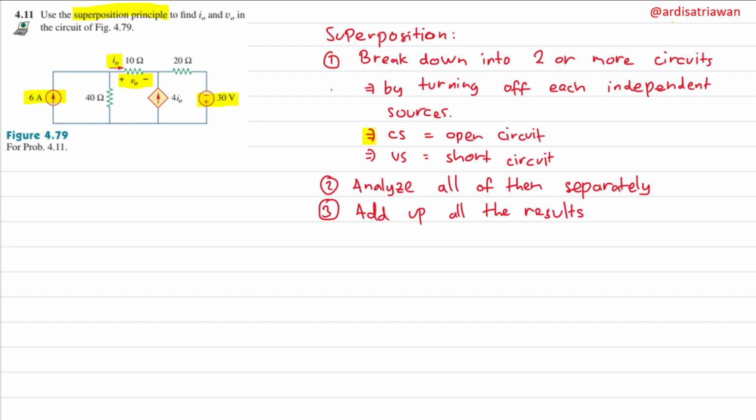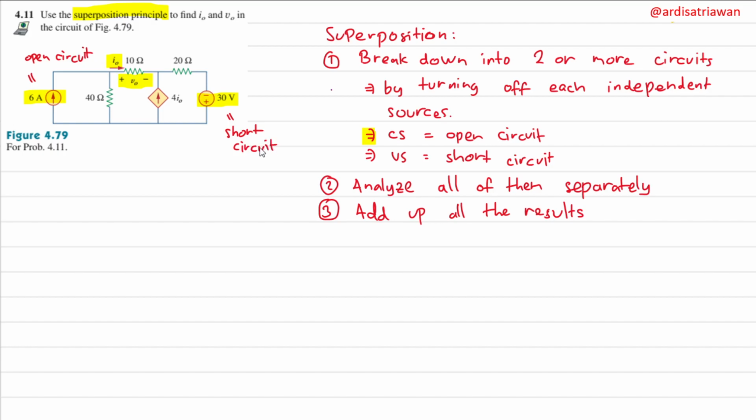Now what we need to do here is replace this one by an open circuit in the first circuit, and replace this one by a short circuit in the second circuit.